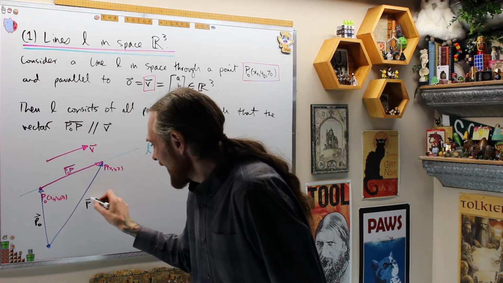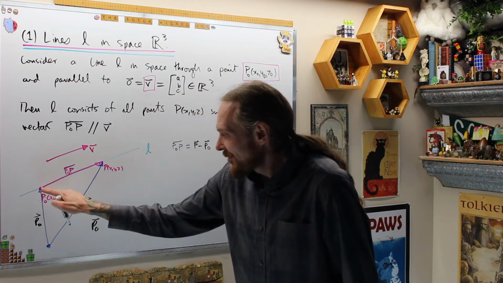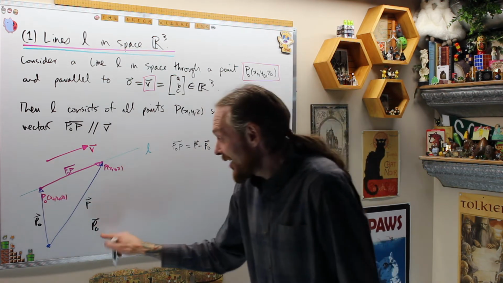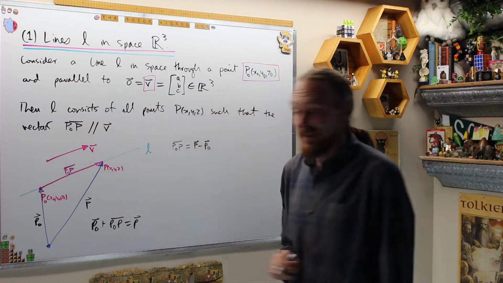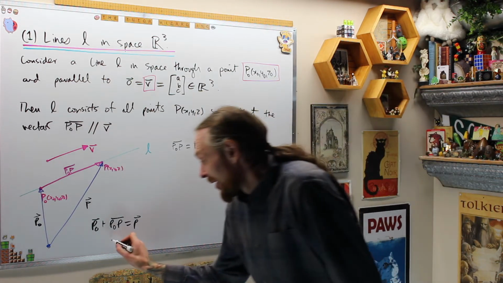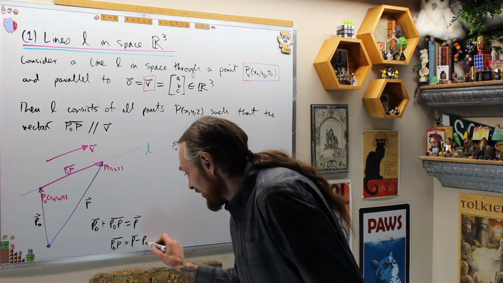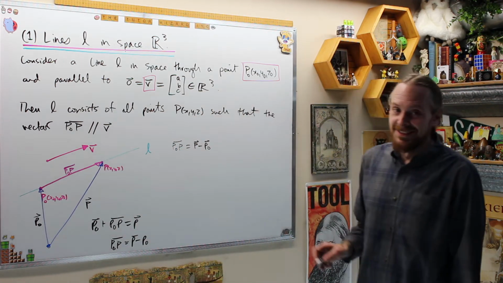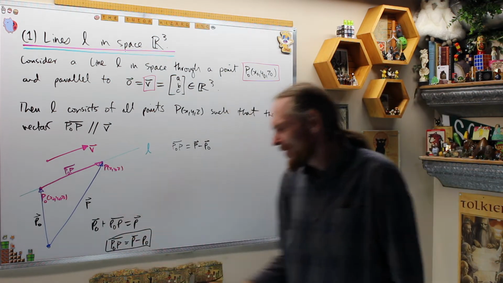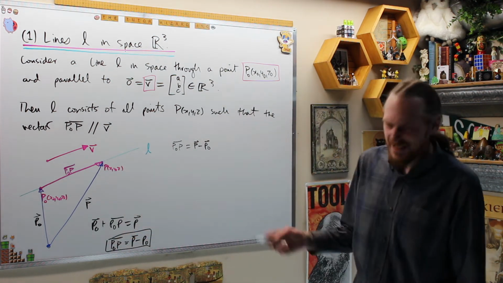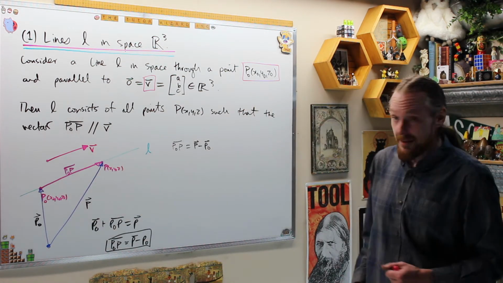This is the vector P. In the geometric definition of addition, P naught plus the vector P naught P is equal to P. So the vector P naught P is equal to P minus P naught. Everyone says, why is it P minus P naught and not the other way around? Because it's the definition of addition in this triangle.